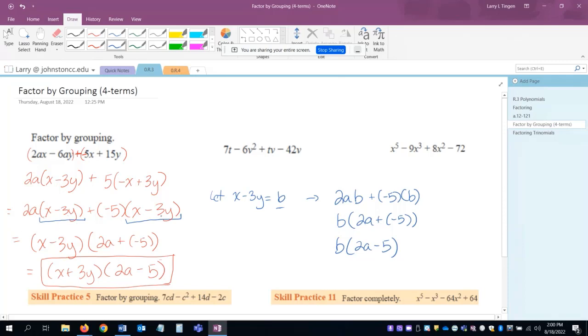So I can factor it out just like I factored this b out, even though it looks like I'm doing different math over here than I am over here, but I'm not. So what I've done is I factored out the common factor between 2ab and negative 5b, which was b. Over here, I factored out the x minus 3y from the first and the second terms because that's the common factor. And this is always going to happen. So it's important that we get this right the first time because this is how factor by grouping always works. Okay?